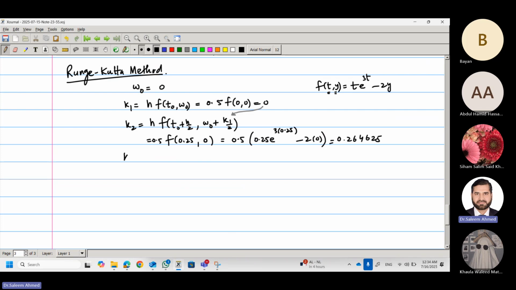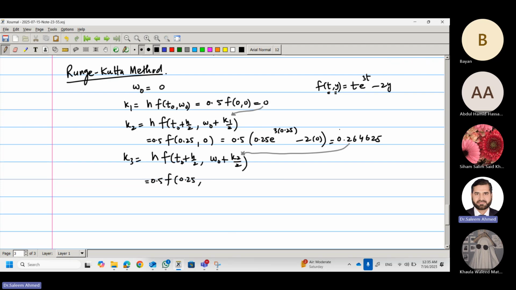Now K3. K3 is again H f of T naught plus H by 2. This does not change. The second argument will change: W naught plus K2 by 2 now. So H is 0.5, t is 0.25, and W naught was 0 plus K2 by 2.